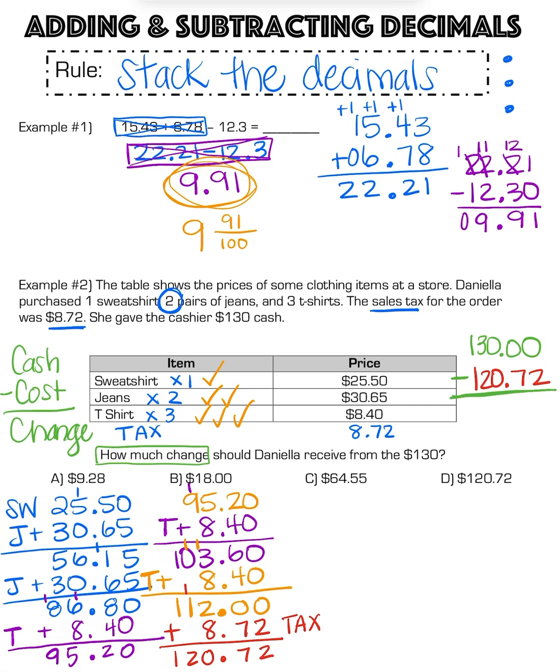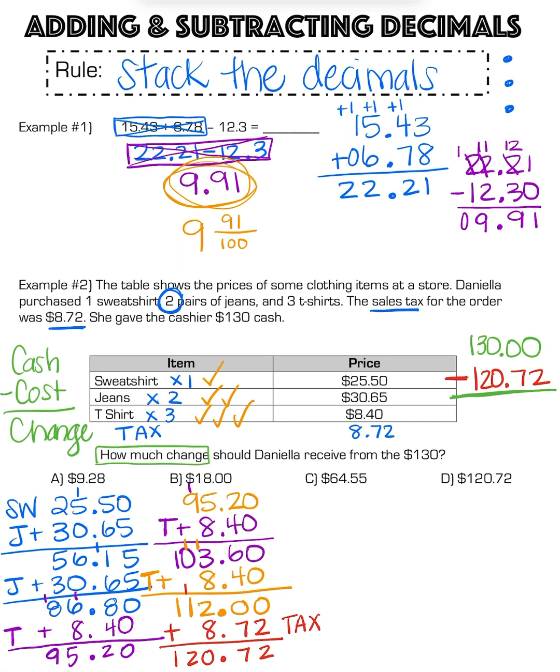And remember, now we are subtracting because I gave her $130 in cash, and I have to take away how much I spent, the cost of my items and the cost of that tax. So she's going to tell me how much change did I receive. So let's subtract.